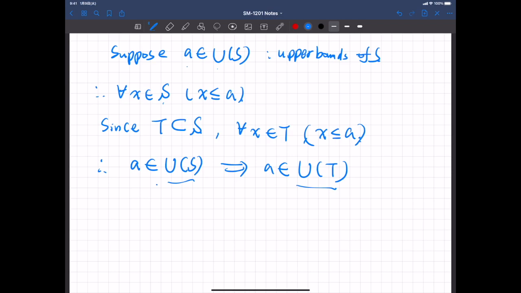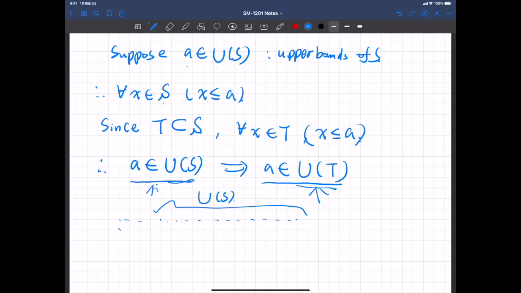So maybe this is hard to grasp at first. If a is an element of the upper bounds of S, then it is automatically an element of the upper bounds of T. So let's say this is the set of all upper bounds of S, then a is an element of the upper bounds of T. So that means this subset includes this subset.